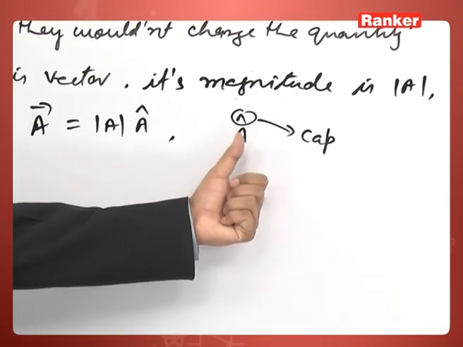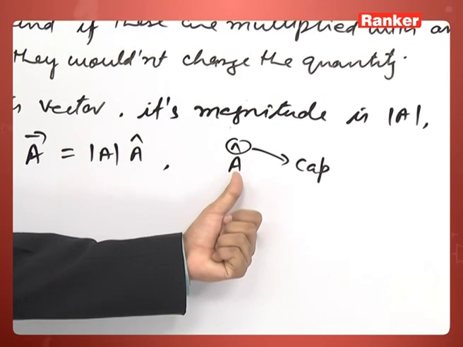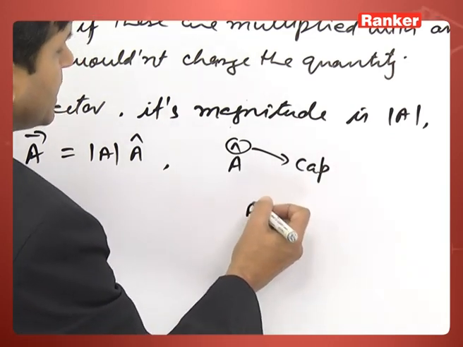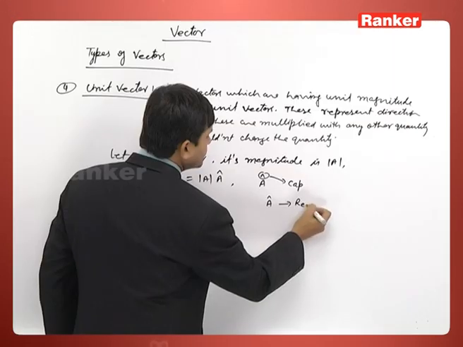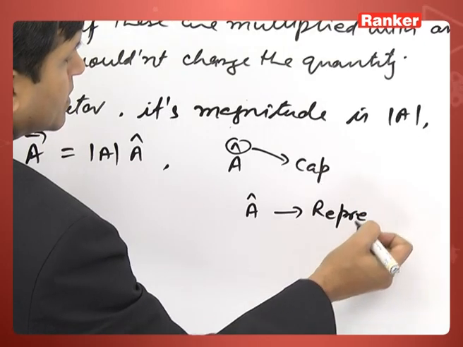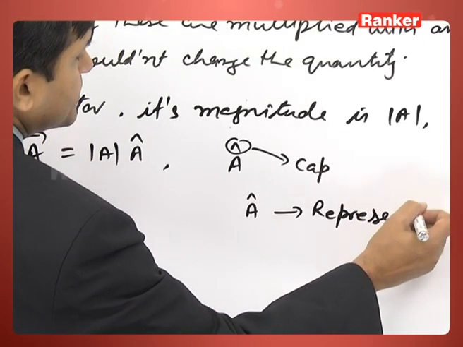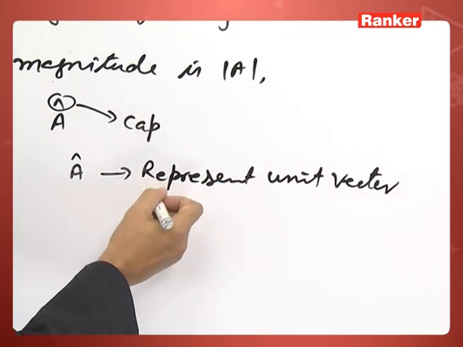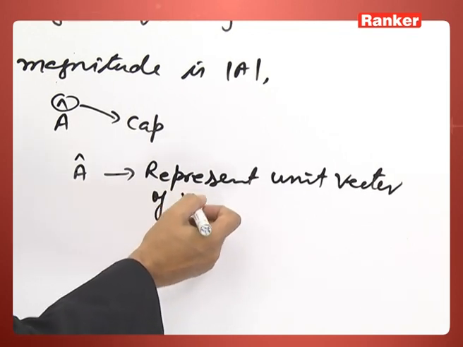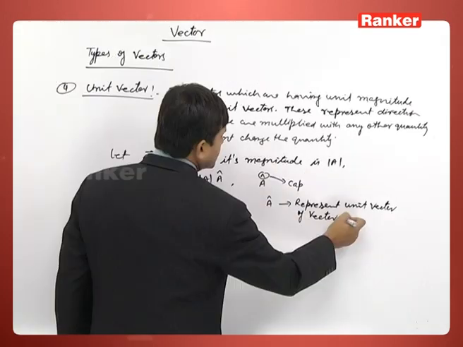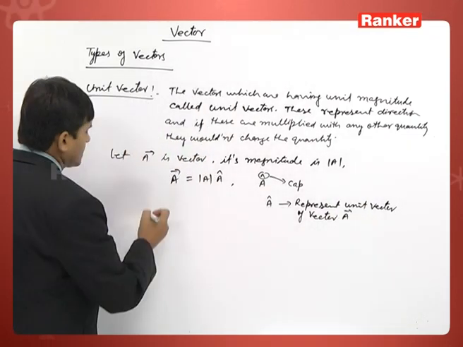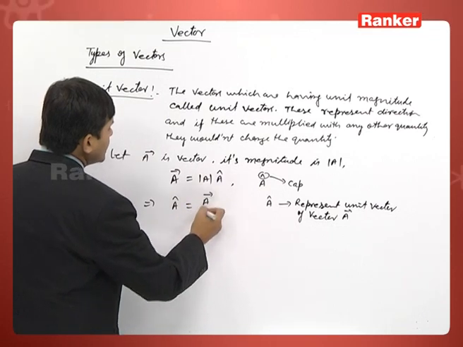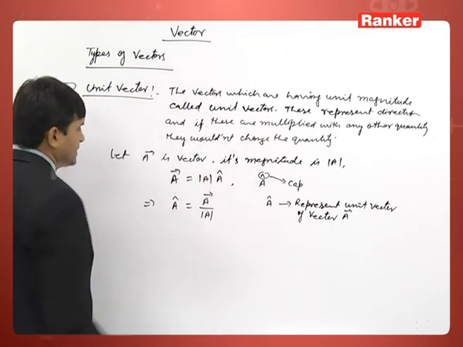When we write a vector with A and cap, A cap represents the unit vector of vector A. So, A cap is nothing but vector A divided by modulus A.